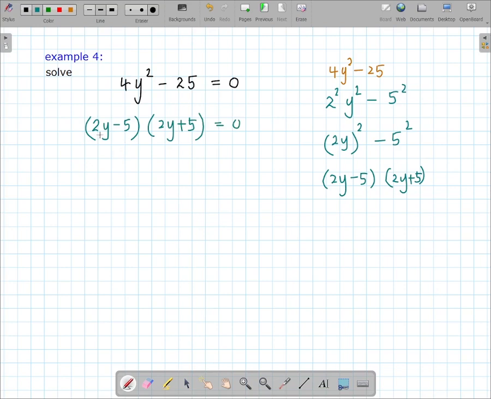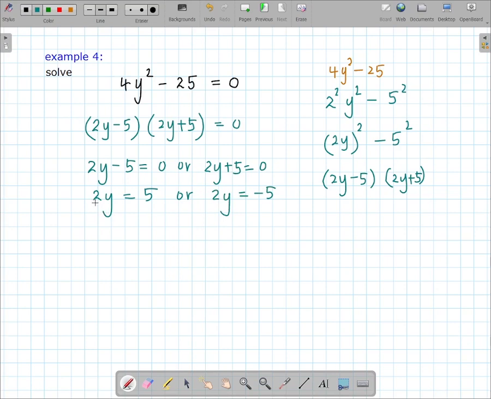Then either 2y minus 5 equals 0 or 2y plus 5 equals 0. Then for 2y: 2y equals, minus 5 sent to the other side, plus 5, or 2y plus 5 sent to the other side equals minus 5.